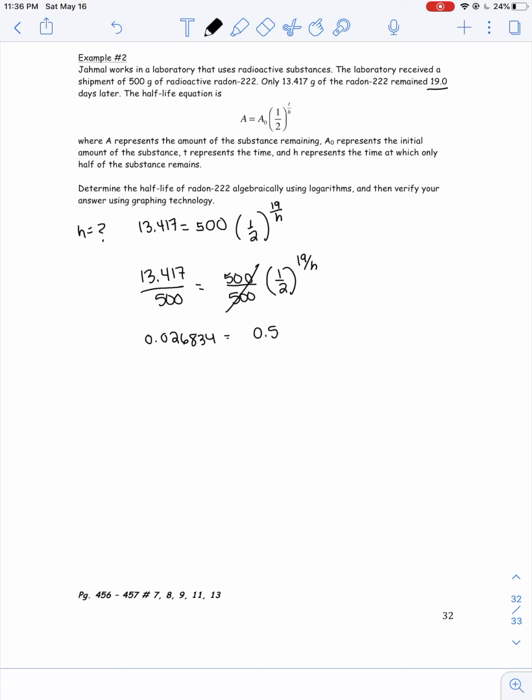And we can change the 1/2 to be 0.5 if you want to. Same idea. Now we're going to put log on both sides of the equation. What we do to one side, do to the other. Now we can bring this power in front. The left side stays the same.